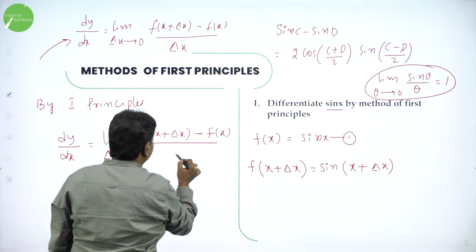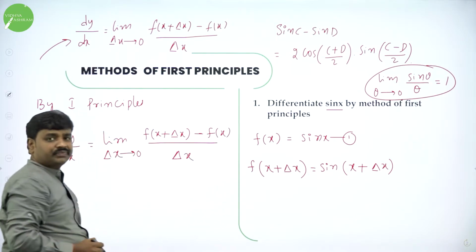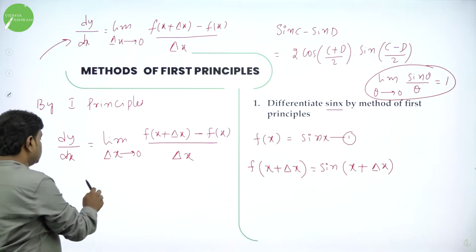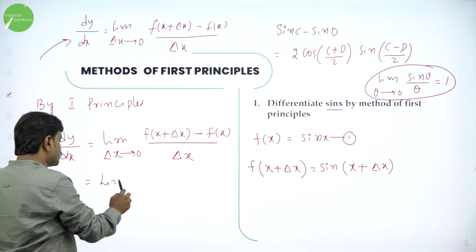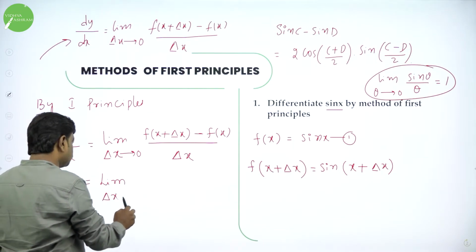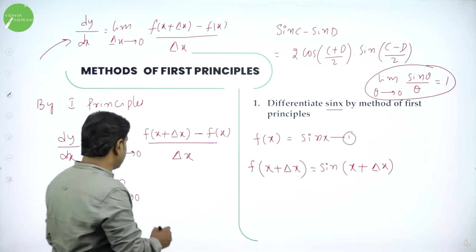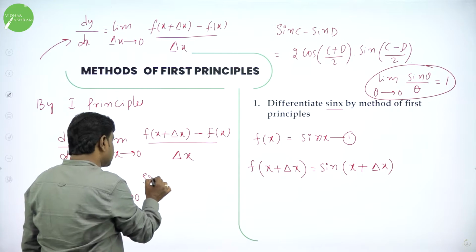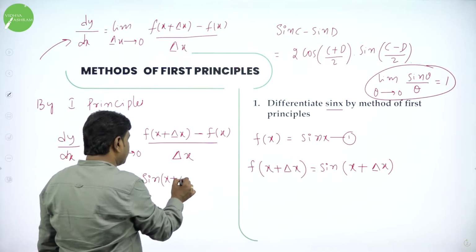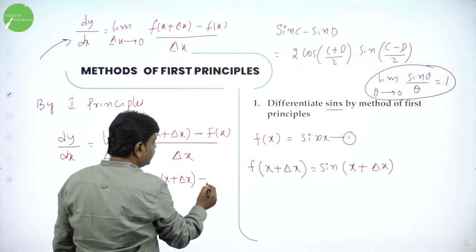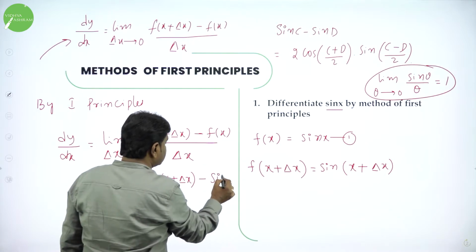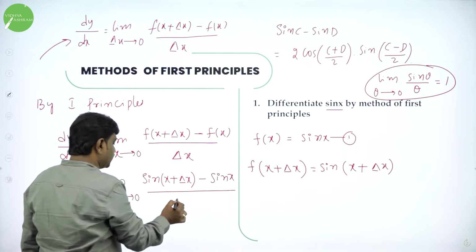This is the formula for what? First principles. Then further, limit delta x tends to 0, f of x plus delta x in this problem is what? Sin of x plus delta x. In every problem, f of x and f of x plus delta x will be different, and f of x is what? Sin x divided by what? Delta x.